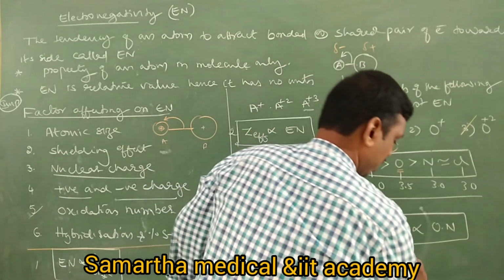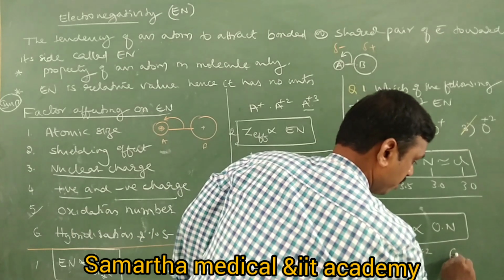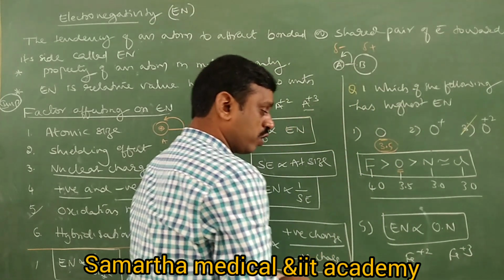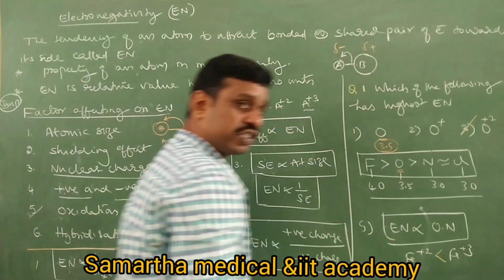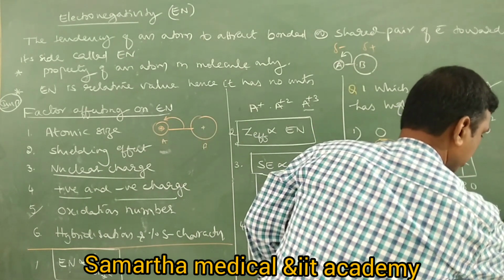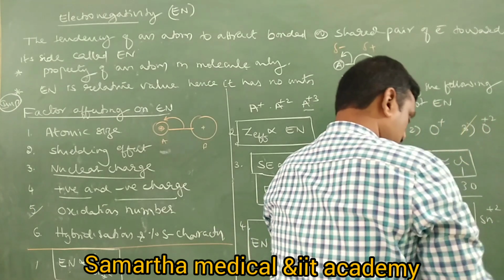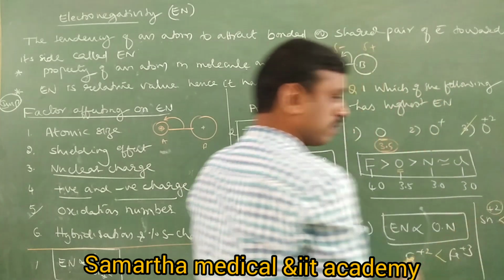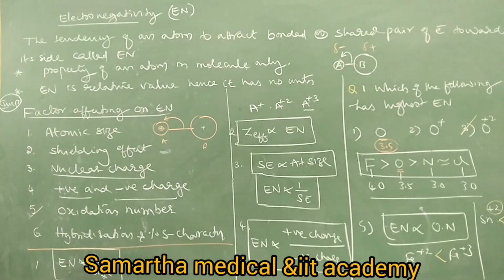For example, Fe plus 2 and Fe plus 3: which one has more electronegativity? Obviously plus 3. Next, Sn plus 2 and Sn plus 4: which has more? Sn plus 4. As the oxidation number increases, electronegativity increases.